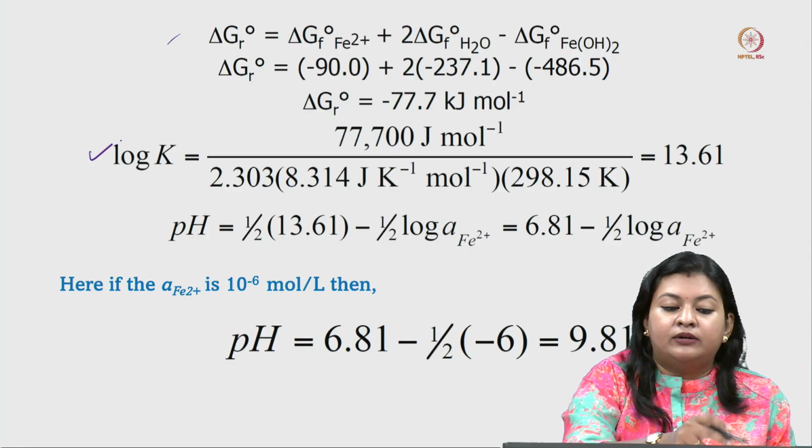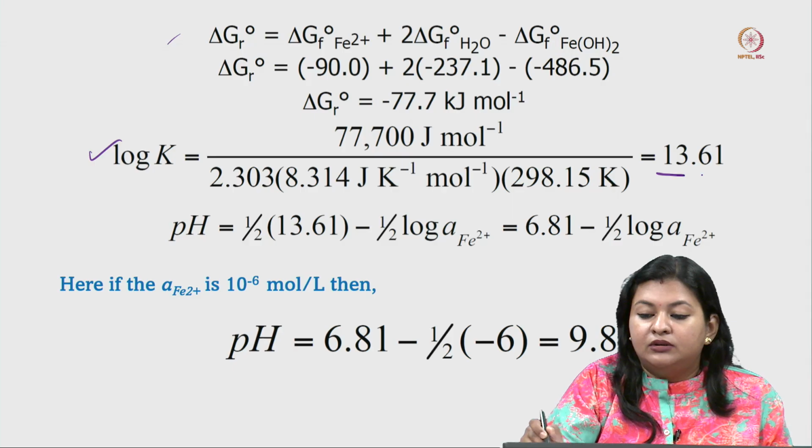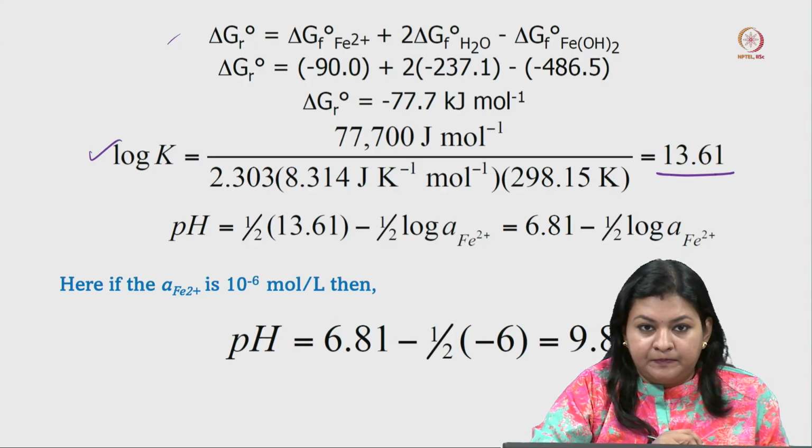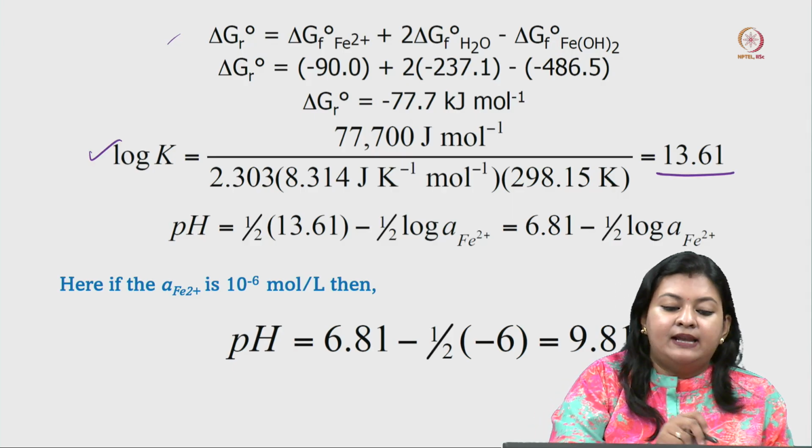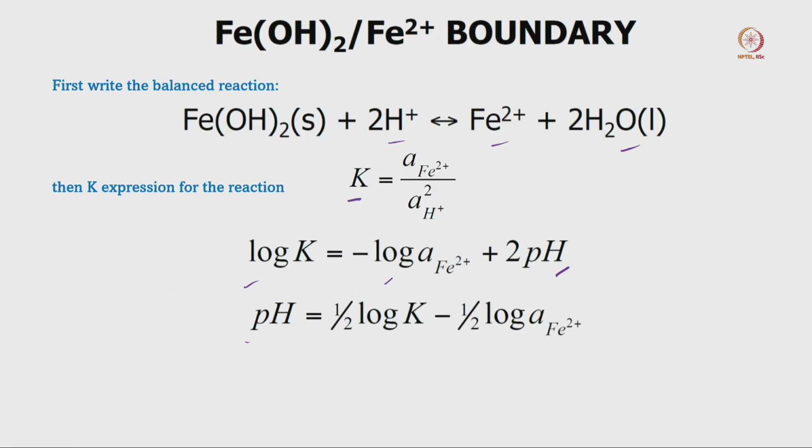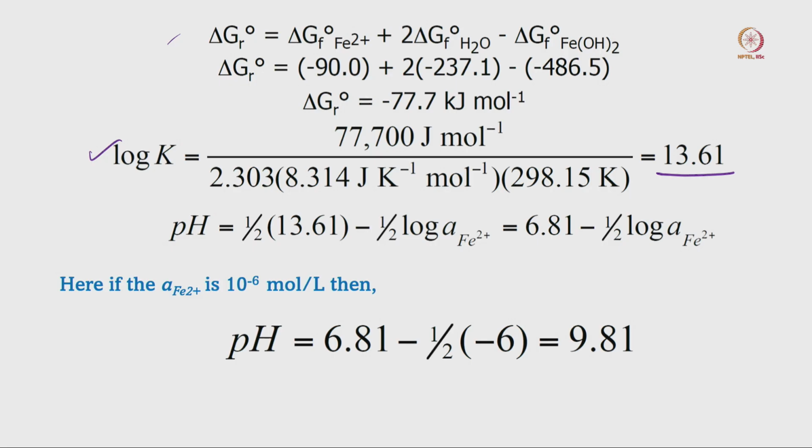You calculate the log K value, that comes to 13.61. Fit in that value in this previous equation. Okay. So, pH now comes to 6.81 minus half of log activity of Fe2 plus.